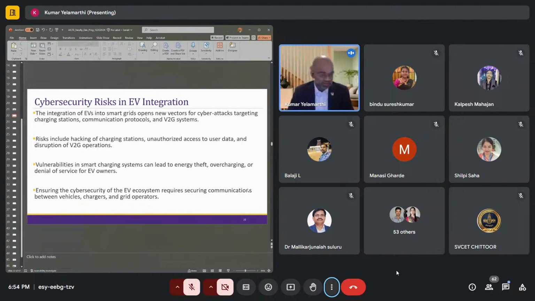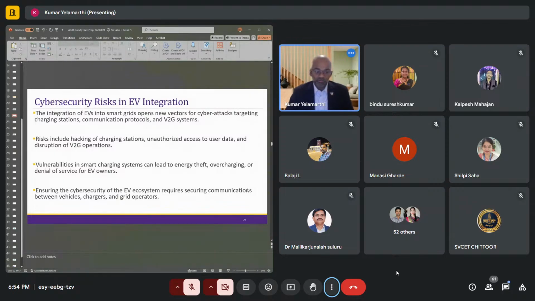But if somebody gets into those charging stations and removes the throttle that reduces the amperage, and you keep going at 250 kilowatts continuously, what could happen to the batteries? Once it crosses a certain capacity, it doesn't stop, and the batteries could explode.